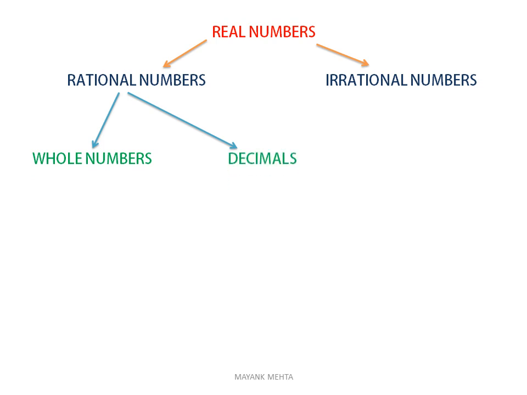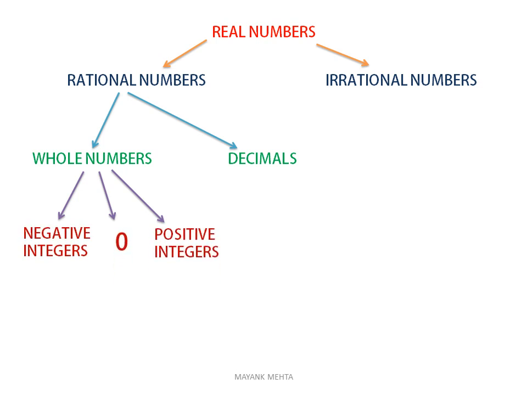Whole numbers means the complete numbers, and decimals are not complete numbers. Whole numbers are divided into three parts: negative integers, 0, and positive integers. Positive integers, that you know, 1, 2, 3, 4, 5, 6, are also known as natural numbers.